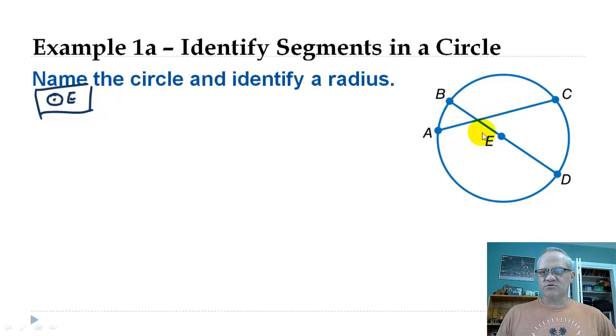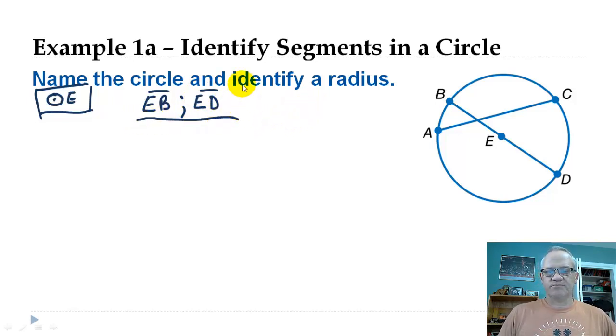There are actually two that we could name here. One would be EB, or we could call it BE if we wanted to. And the other one would be from E to D, so we could call it ED or DE. Those are the two different radii that we could name on that one.